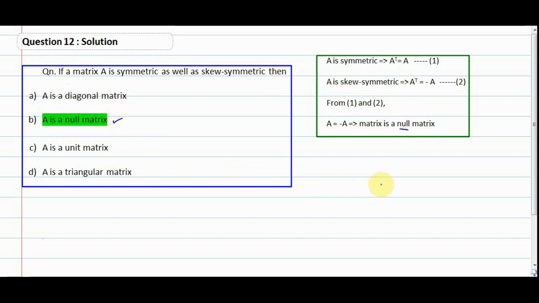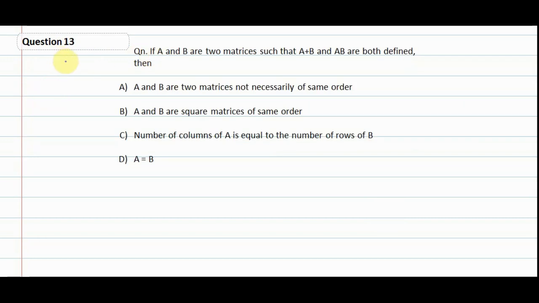Now let's move on to question number 13. If A and B are two matrices such that A plus B and A into B are both defined, then option A says A and B are two matrices not necessarily of same order. Option B says A and B are square matrices of same order.